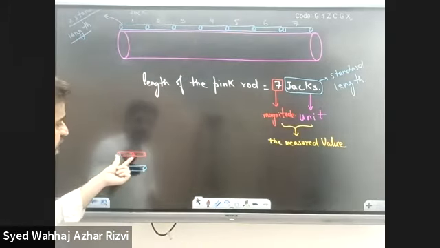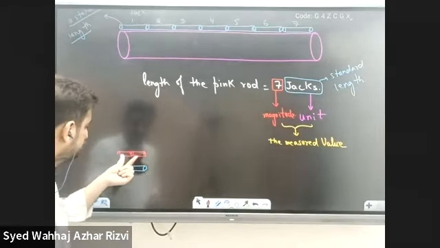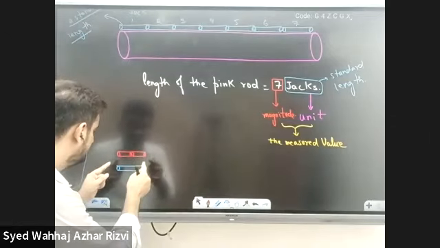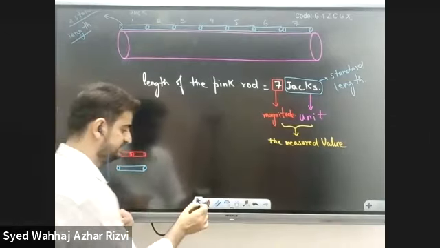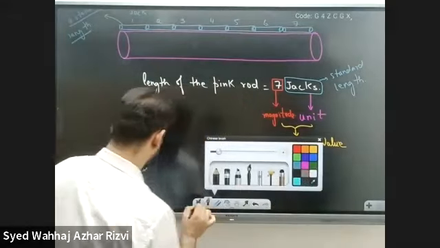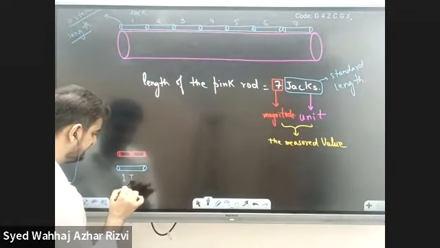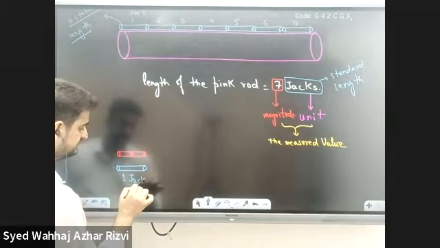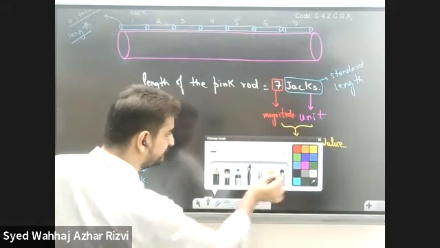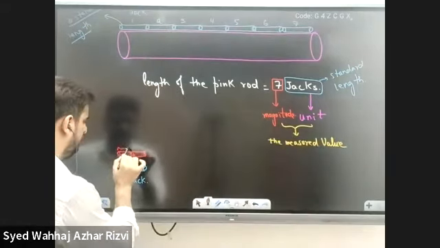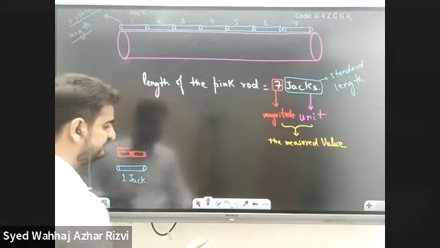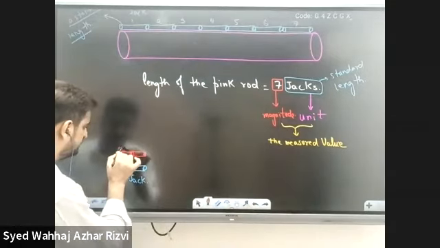There are two red rods, and these two red rods make up one Jack. So this is one Jack, right? Let's give this red rod another name.